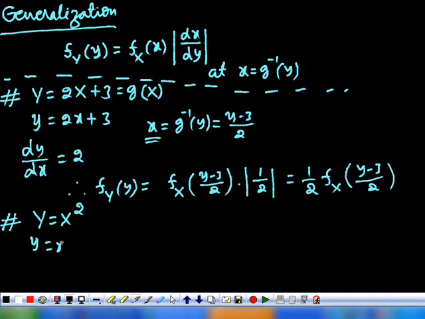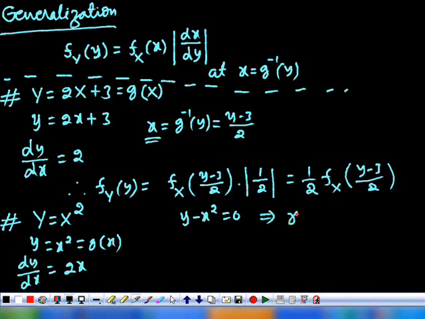So here y = x², that is g(x). So what is dy/dx? 2x. But y − x² = 0 has two real roots. What are those?